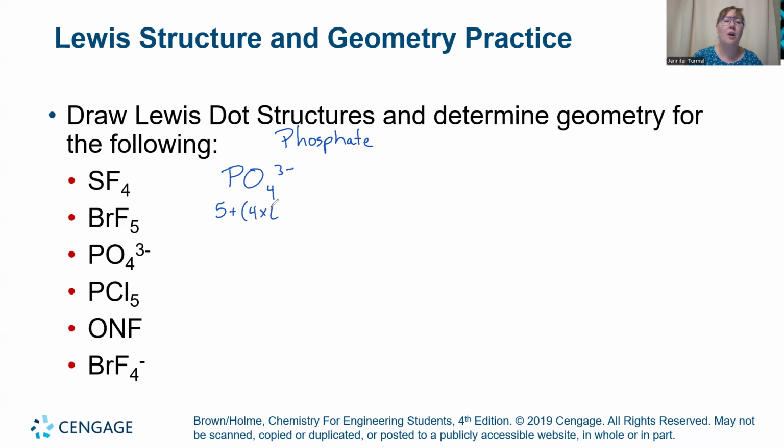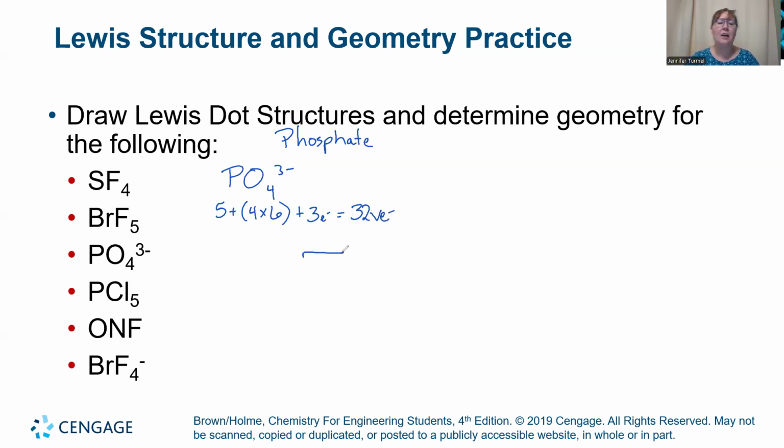We have 4 oxygens at 6 each. And now this 3 minus means that we're adding 3 extra electrons from our charge. Okay. So 4 times 6 is 24, plus 8 gives us 32 valence electrons.